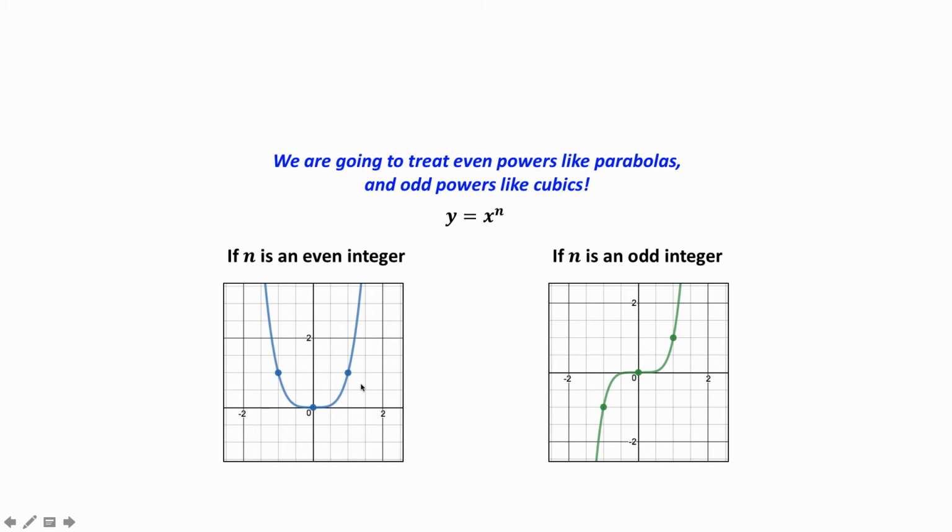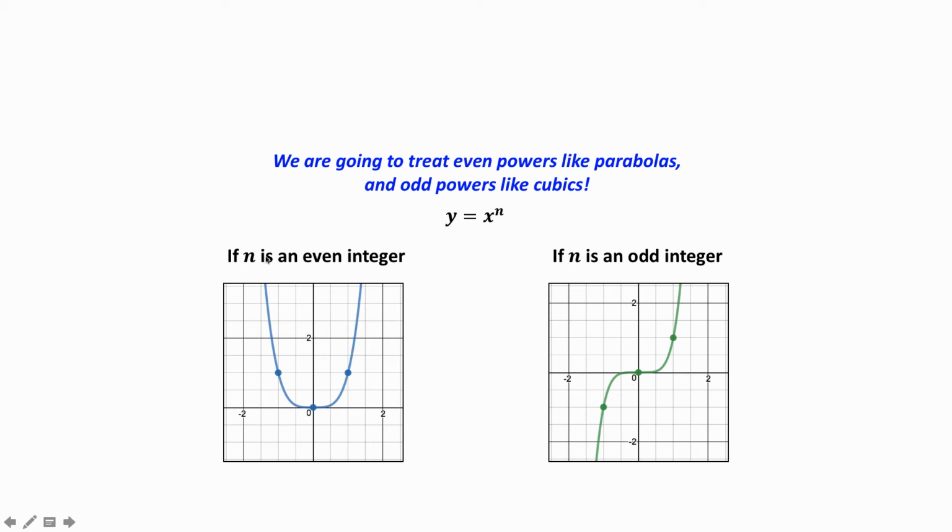They all have the same general shape, which is why we're going to treat them like parabolas and cubics, but as the degree gets higher, they just start to get a little flatter and grow a little more rapidly.